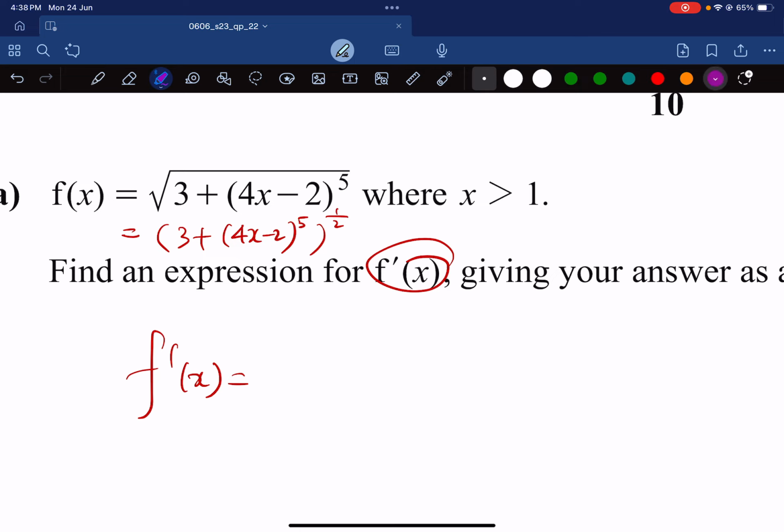First of all, we need to apply the chain rule. We need to differentiate the outermost function, the one that is the outermost. So 1/2, and then the inside remains unchanged, and then power minus 1, which is negative 1/2.